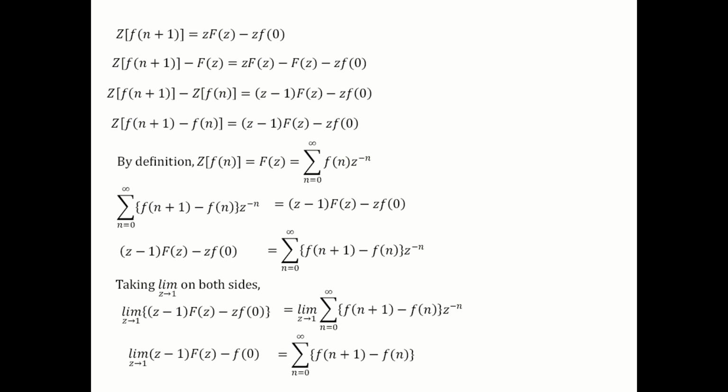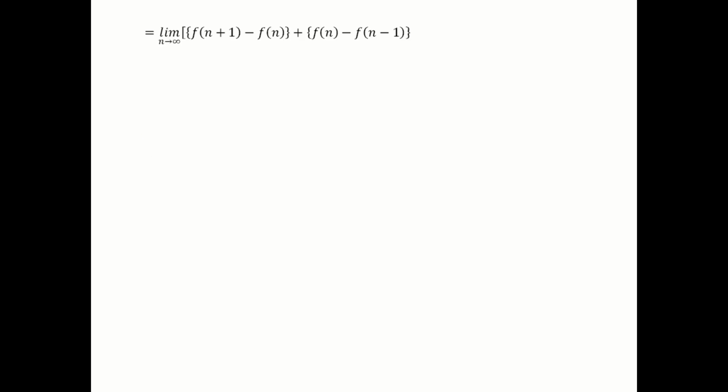So that is why it is equal to the summation n equals 0 to infinity of f of n plus 1 minus f of n, which equals the limit as n tends to infinity of f of n plus 1 minus f of n plus f of n minus f of n minus 1, because the summation runs from n equals 0 to infinity. So we have written the limit as n tends to infinity of f of n plus 1 minus f of n plus f of n minus f of n minus 1 plus f of n minus 1 minus f of n minus 2, plus etcetera, up to f of 1 minus f of 0.